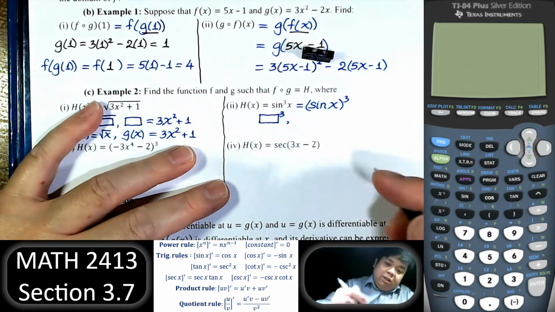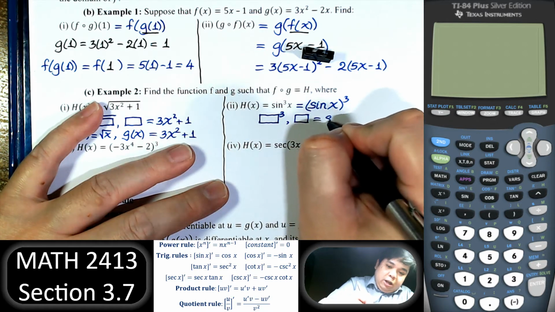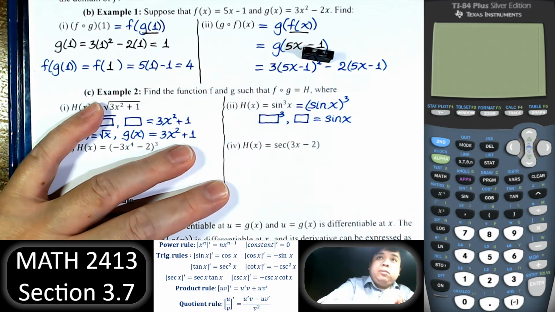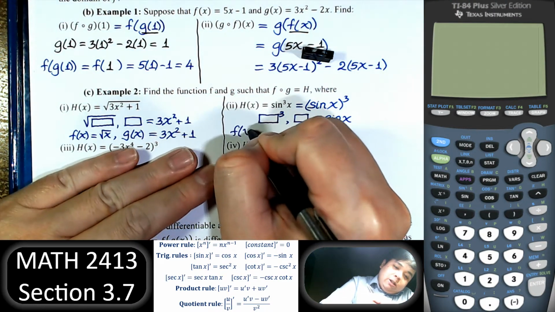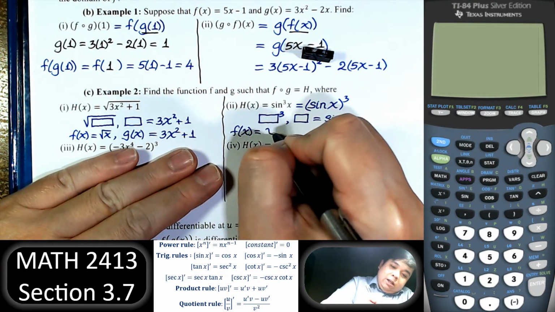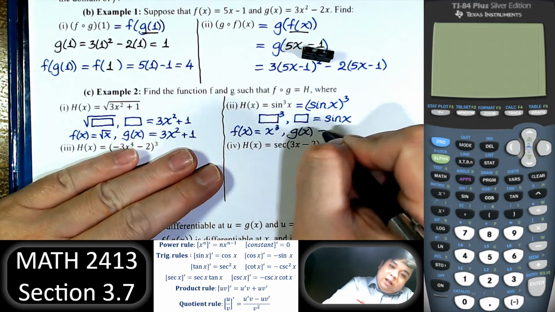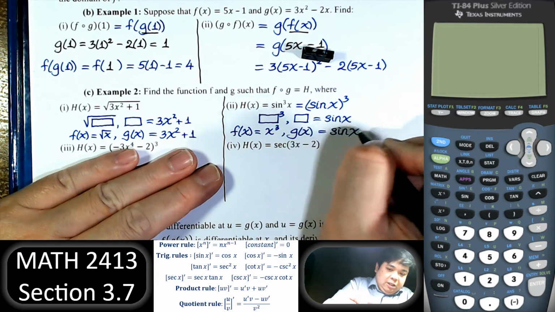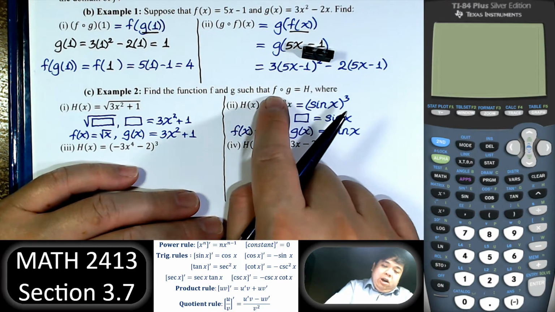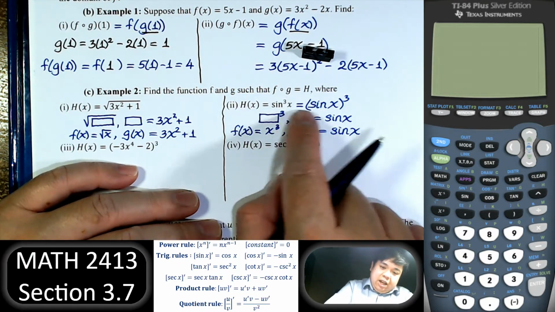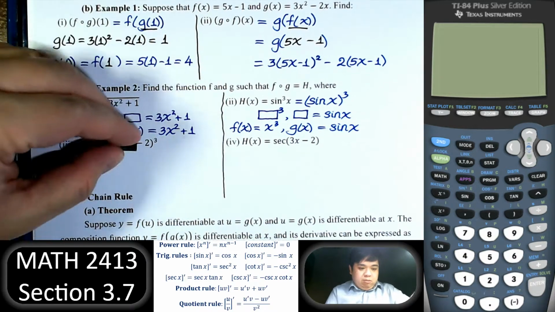The inner function is sine x, so the box is equal to sine x. Then we can say the outer function is a cube, and the inner function is sine x. When we do f of g of x, we're going to get exactly that.